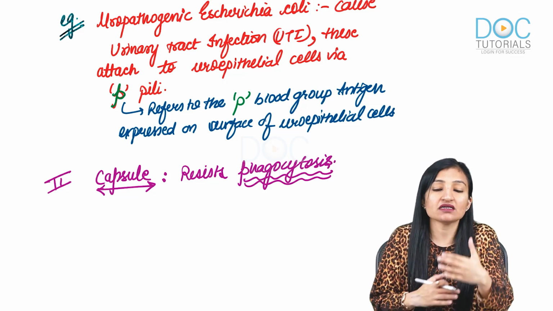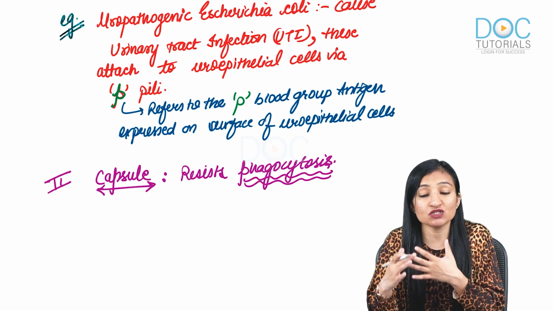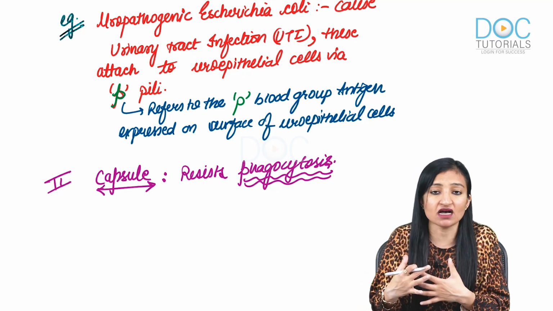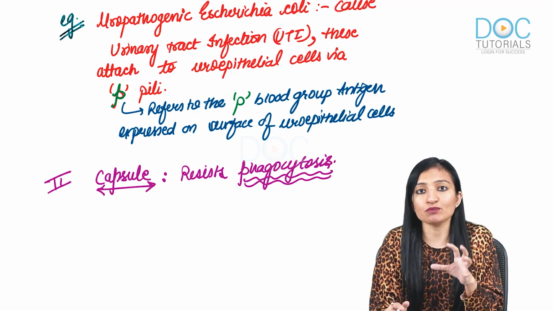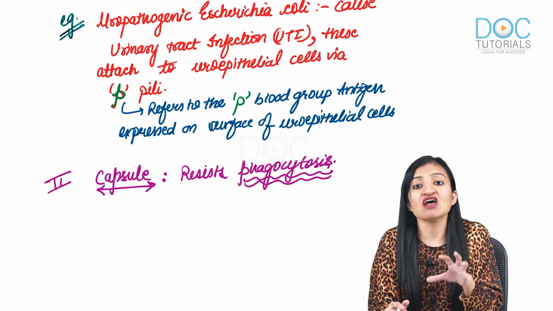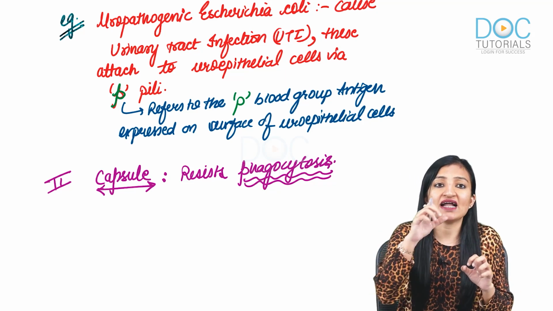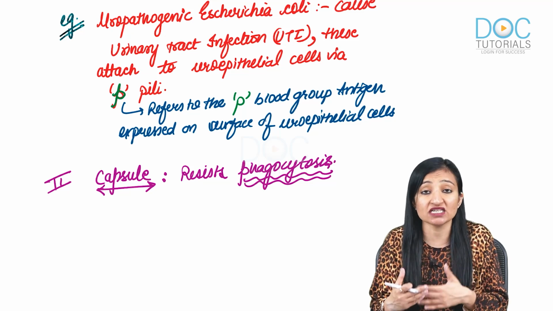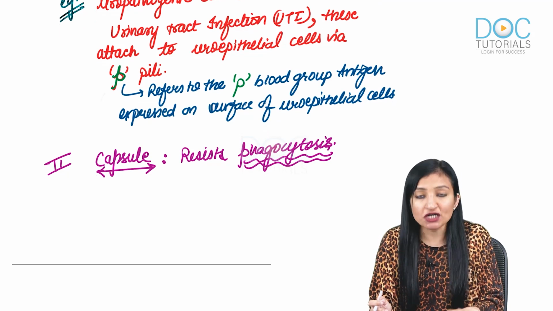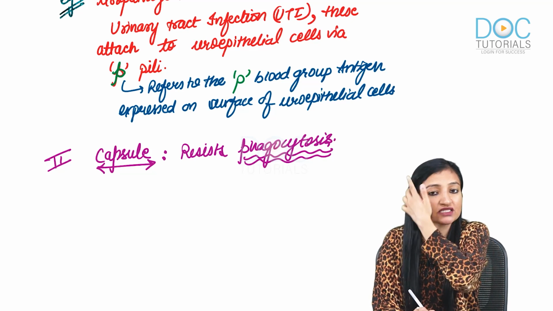Okay, our immune system has got certain important soldiers or members which protect us in the sense that they are able to carry out a very important process called phagocytosis, wherein they are literally going to eat up microorganisms and the dead cells and the debris which is constantly getting produced in our body. Okay, so we have got two important phagocytic cells, that is the neutrophils and the macrophages, right?